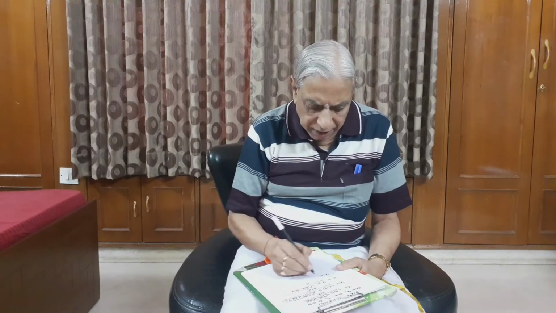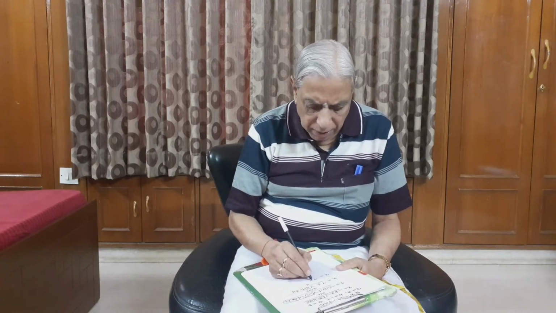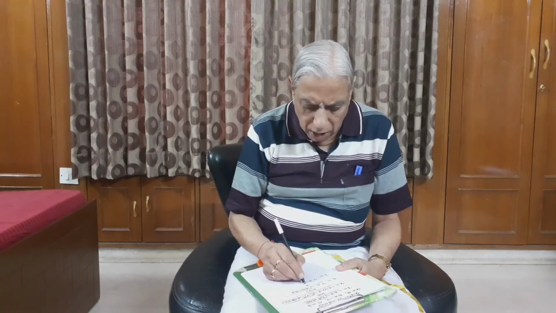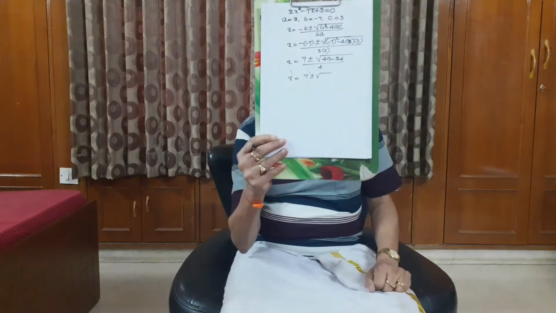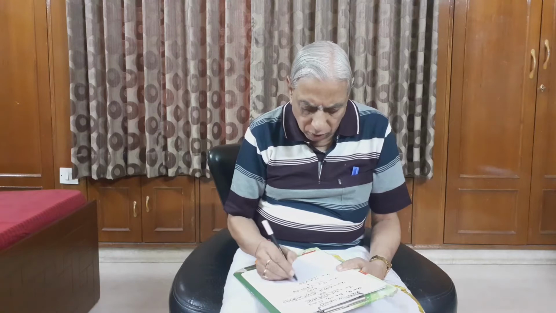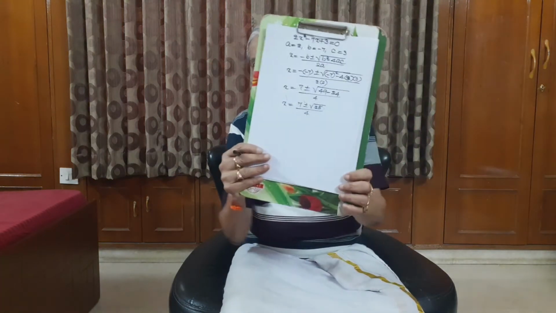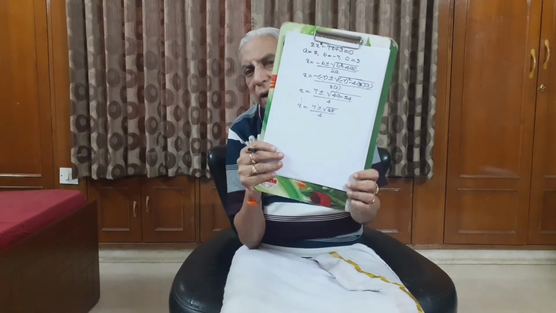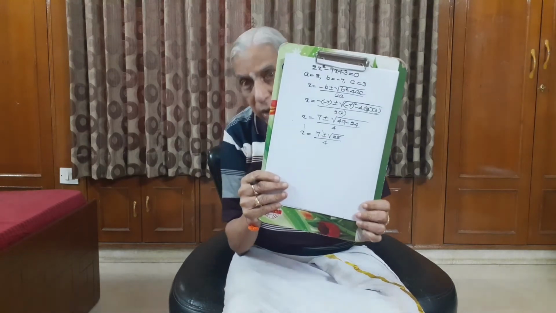Then x is equal to 7 plus or minus square root of, what is 49 minus 24? It is 25. I write 25, whole divided by 4. See that? 49 minus 24 is 25. Square root of 25. 25 is a perfect square.